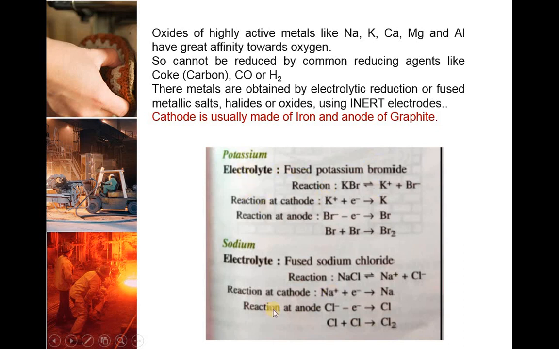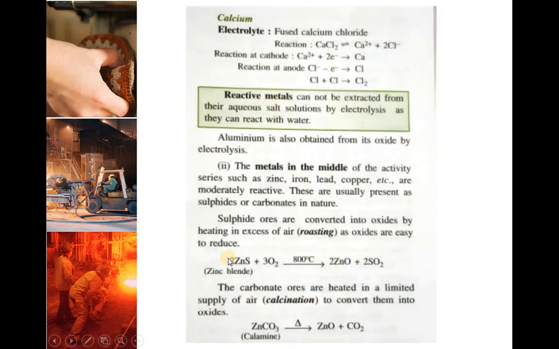You can see the reactions over here. With fused potassium bromide as electrolyte, you get potassium and bromine. Fused sodium chloride gives sodium and chlorine. For calcium also, this is happening. Fused calcium chloride gives calcium and chlorine.